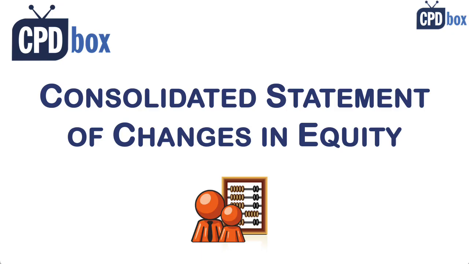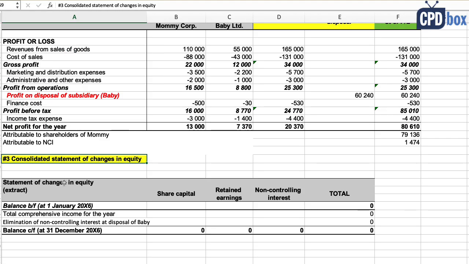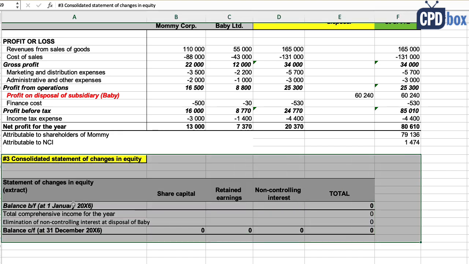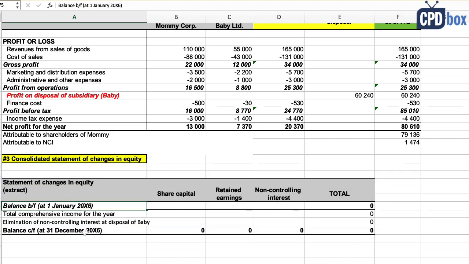Now, let's also prepare the consolidated statement of changes in equity to see if those numbers in the balance sheet and profit or loss statement actually make sense. Here we have a blank statement for the period starting 1st January 2006 until the year end, and we know the share capital.